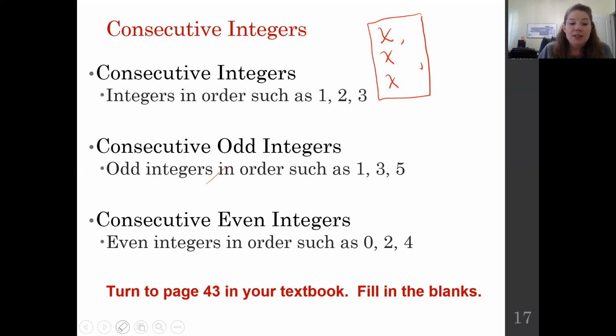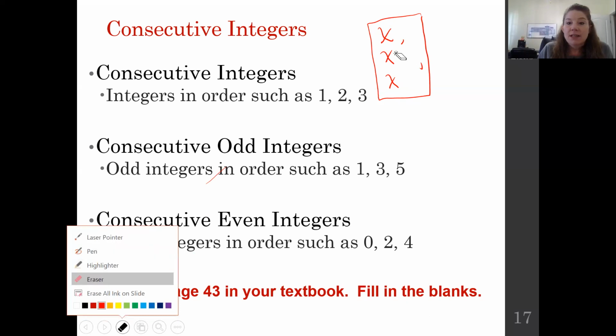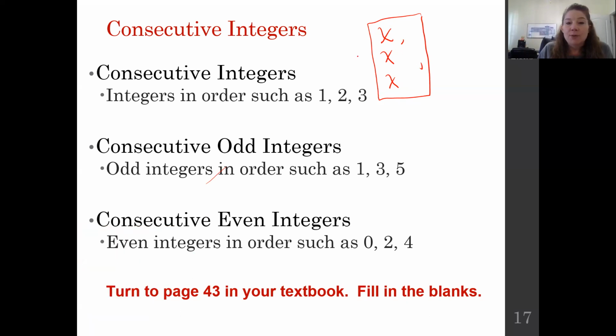So the first number would be x, and then the second one is x plus 2 and x plus 4. Because like I said, what if the first number was 4? The next even integer would be 4 plus 2, which is 6. And then the third one would be 4 plus 4, which is 8.